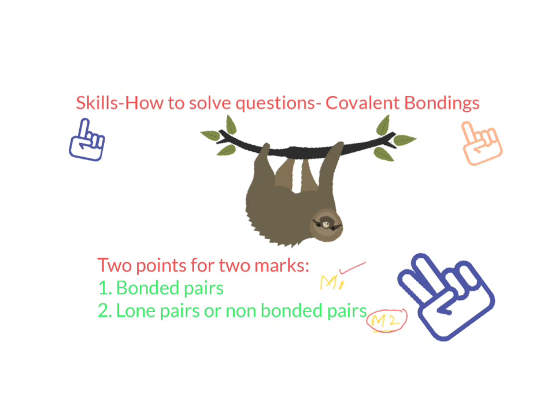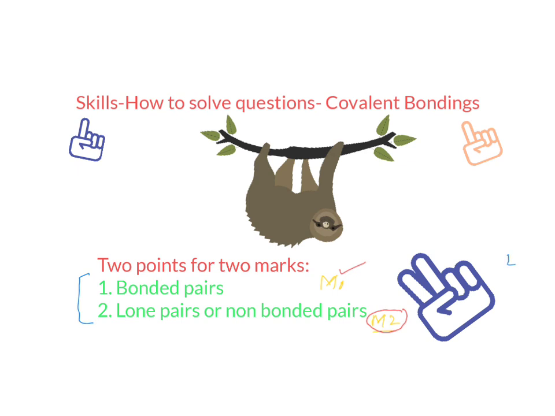We need these 2 things to get 2 marks. The first one, you need to show bonded pairs, and the second thing, you have to show the non-bonded pairs of electrons. Second thing, in these questions which are related to covalent bonding, there are 2 levels of question.